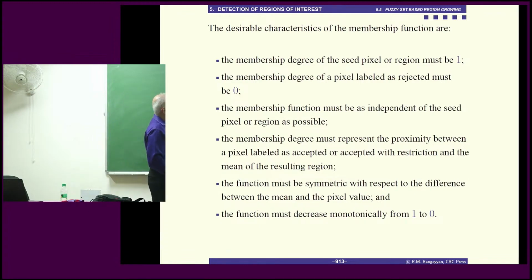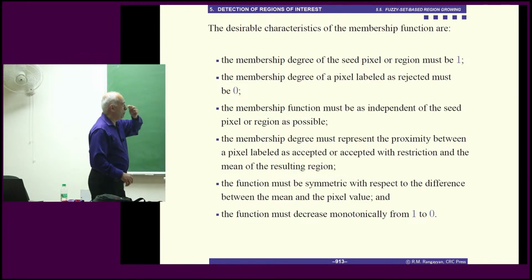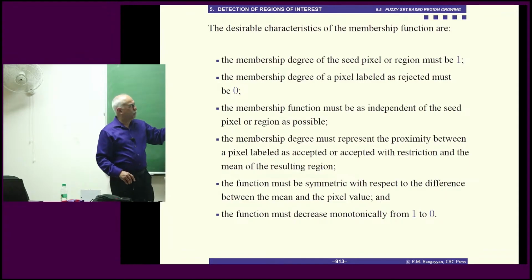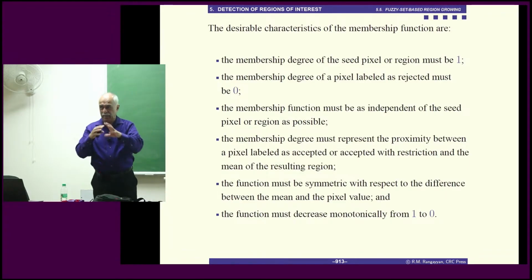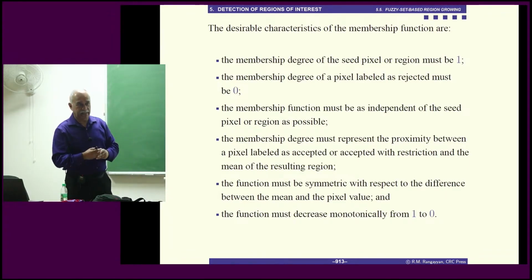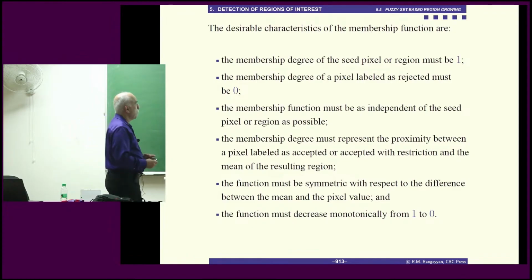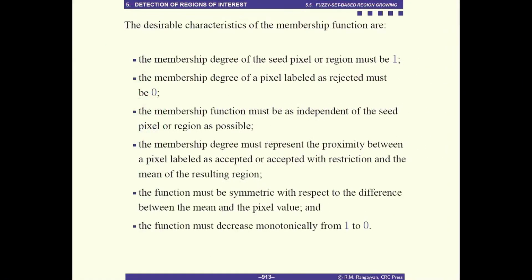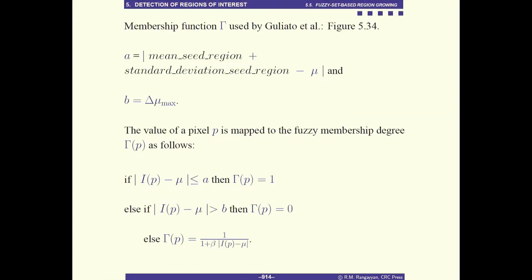The membership degree must represent the proximity between the pixel labeled as accepted or accepted with restriction and the mean of the resulting region. Perhaps proximity is not spatial proximity, but in terms of the properties, grayscale, texture, whatever you have. Here we only use grayscale. The function must be symmetric, I showed that earlier. The function must decrease monotonically.